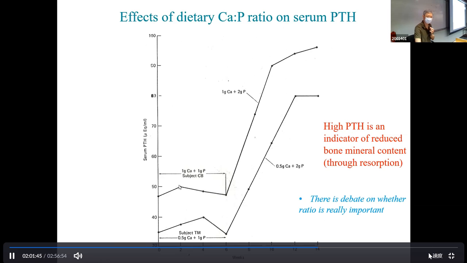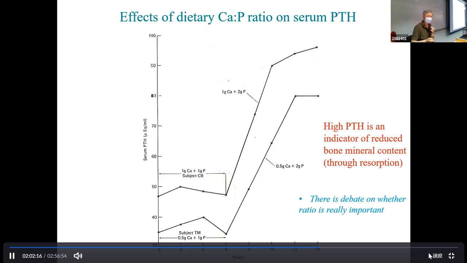Here, another subject starts off with 1 gram and 1 gram, both 1 gram. And then at week 6, again, he increased the phosphorus intake but maintained the calcium intake, and again you see an increase in PTH. So PTH obviously will increase in response to dietary phosphorus intake. That is a key observation.